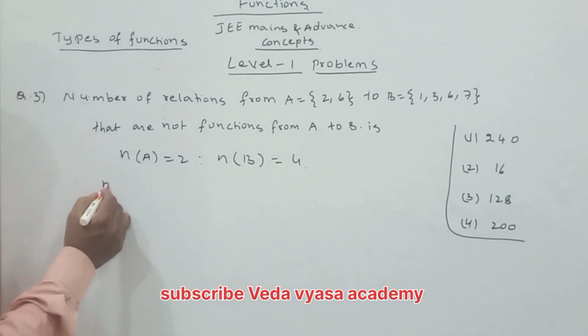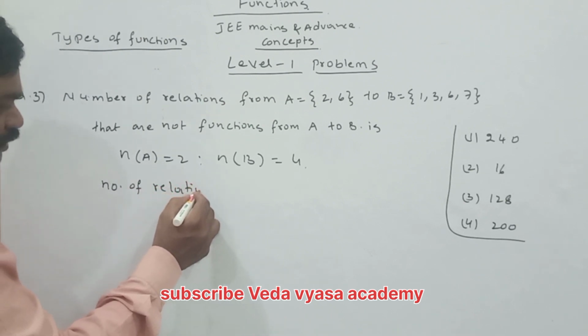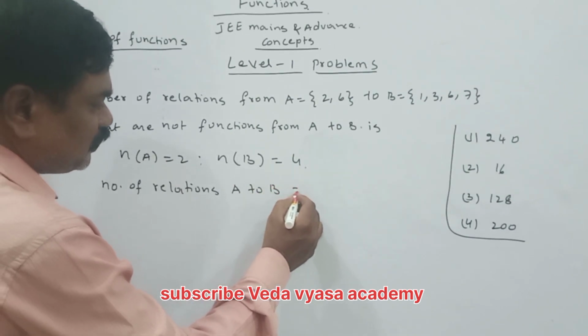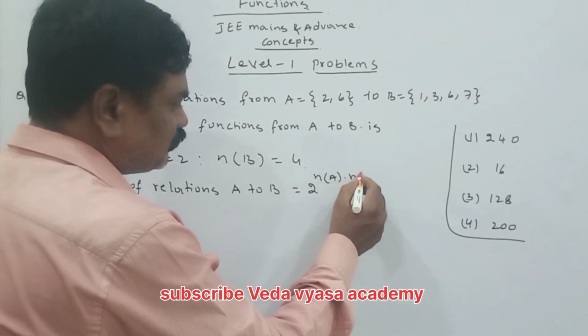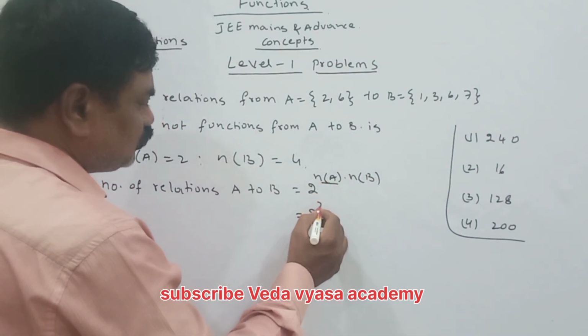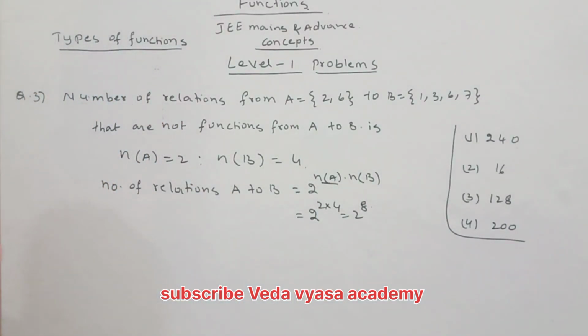So the number of relations from A to B is 2 power (number of A into number of B), which is 2 power 2 into 4, which is 2 power 8.